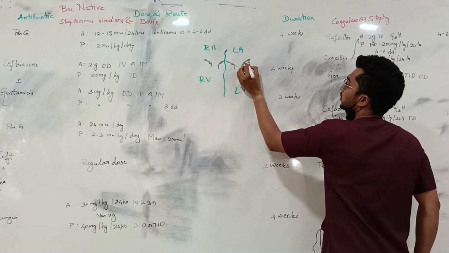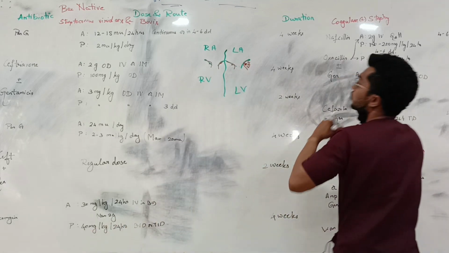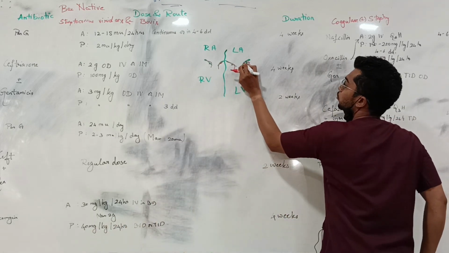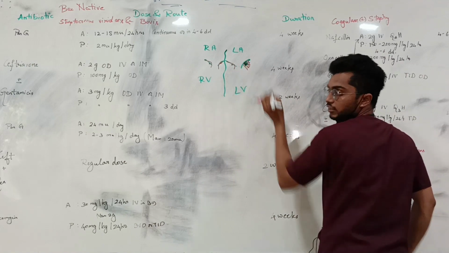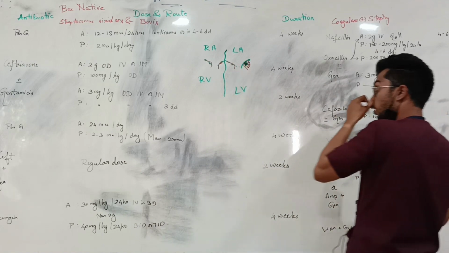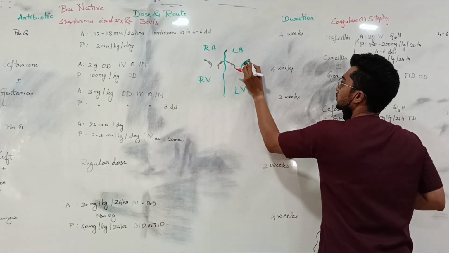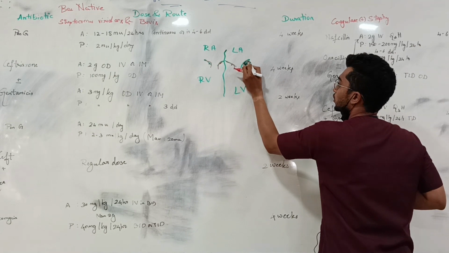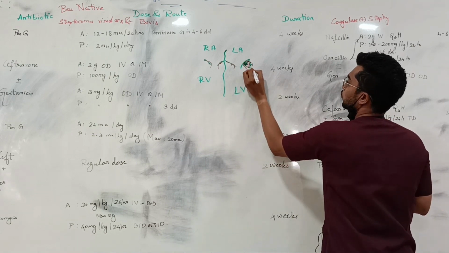So the blood accumulation causes the infection to grow here, the vegetation to grow here, and the platelets will surround the vegetation. Over a period of time, this vegetation shifts and grows over here, and platelets and fibrin also grow around it.